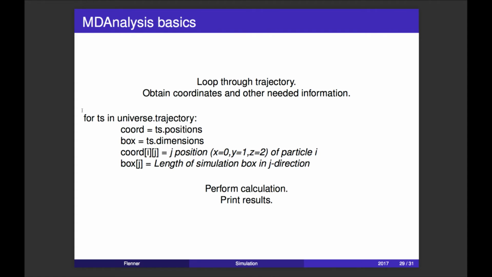So this is a multidimensional array, where i is a particle and j corresponds to the x, y, and z position. This would be the first particle in the simulation, or possibly the carbons in your benzene.